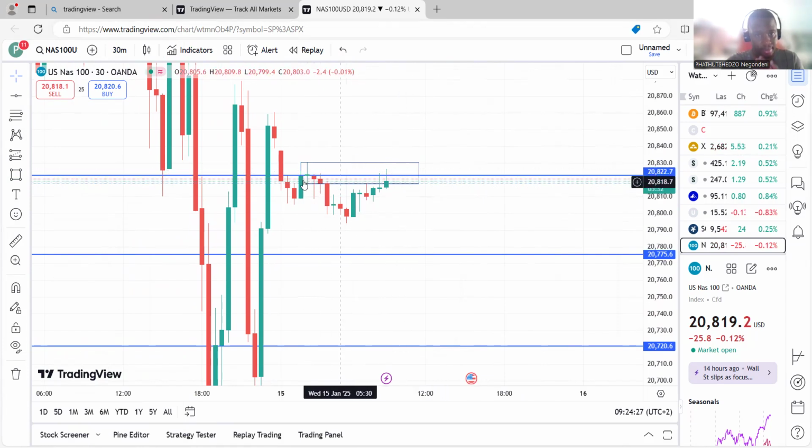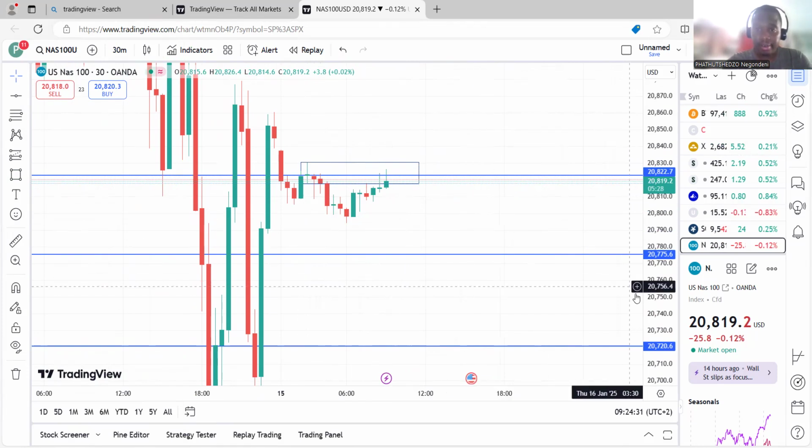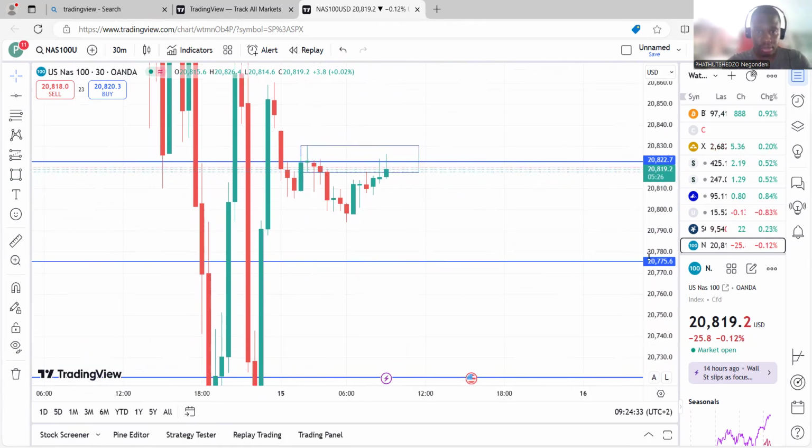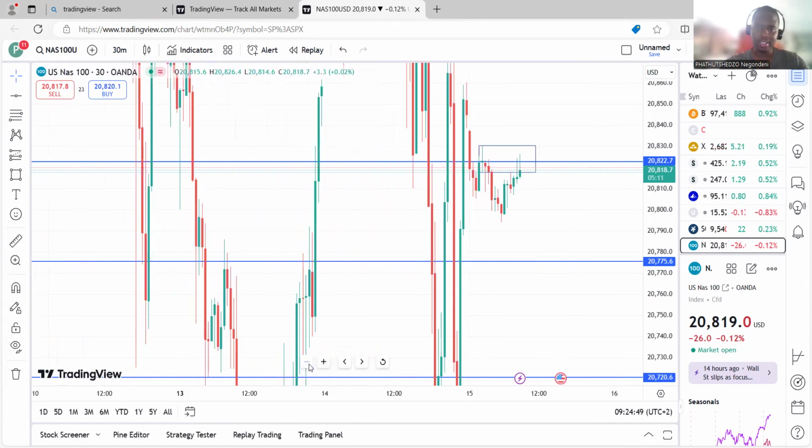This area, the one I marked with the rectangle, is a selling territory for me. But I don't just sell. I'm only going to sell if my selling requirements have been met, and I'm going to show you how they are met. I'm not going to give you everything at once.